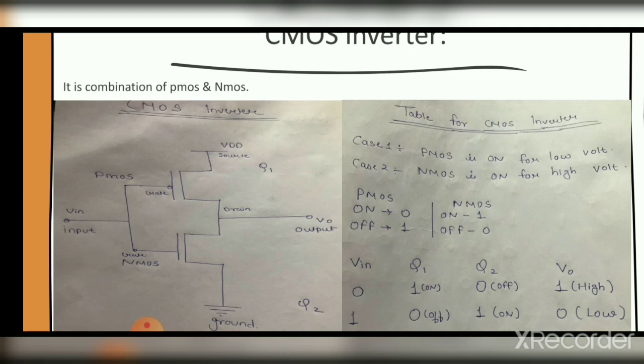Remember the point: when the output is connected to VDD we get 1 as output, or high output. When the output is connected to ground we get low output, or zero output.